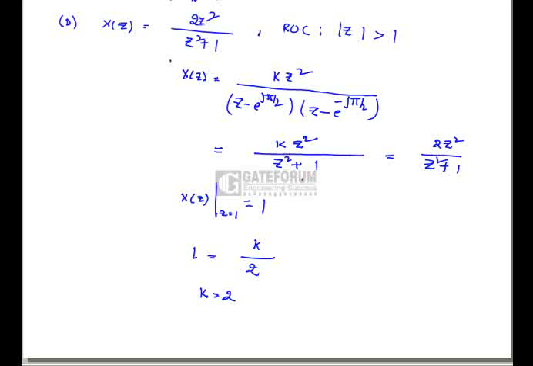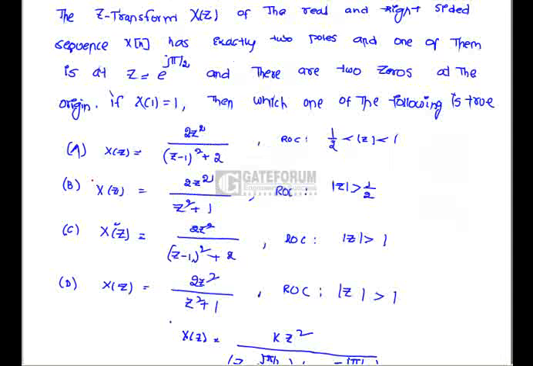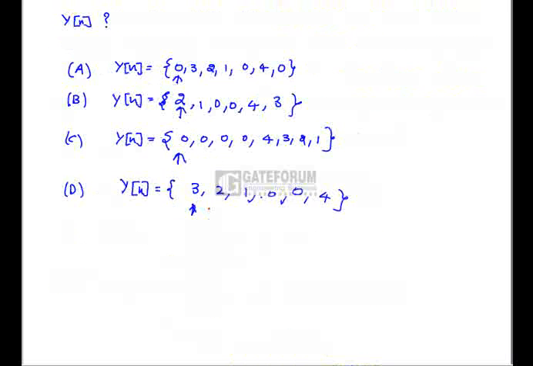We know that for a right sided sequence, x of n is multiplied with u of n, whose ROC is mod z greater than 1. Hence, its ROC is mod z greater than 1, which is option D is correct.